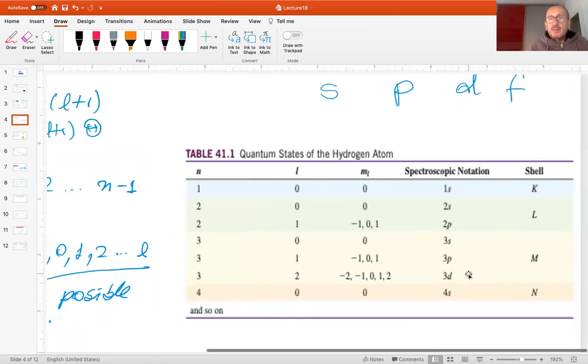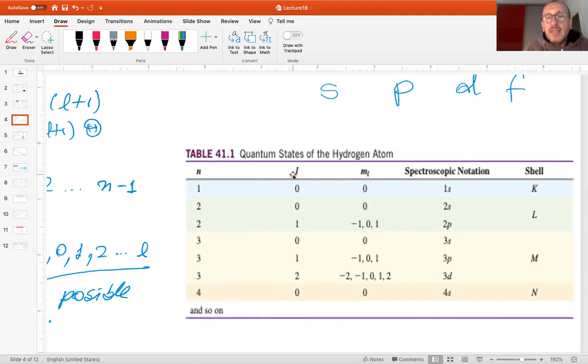Okay, so there's some uncertainty here. Why is this L linked to this ML? As I mentioned before, this L is linked to the size of the angular momentum, and this ML is linked to the component of the angular momentum in the Z direction that we have chosen.